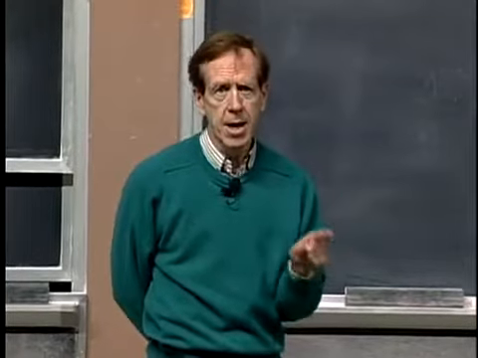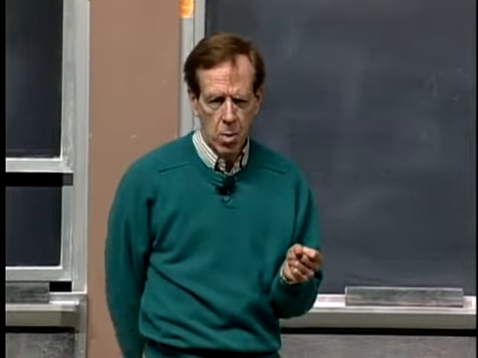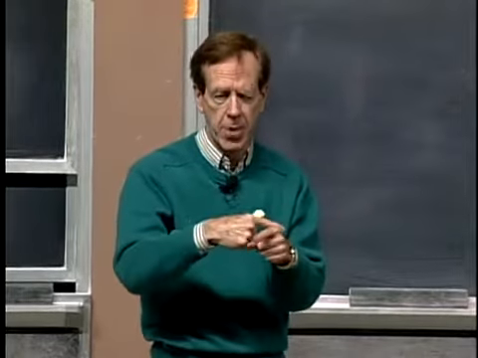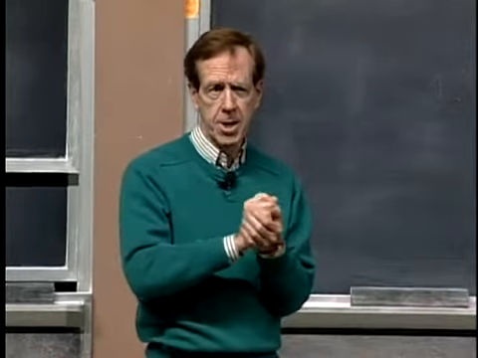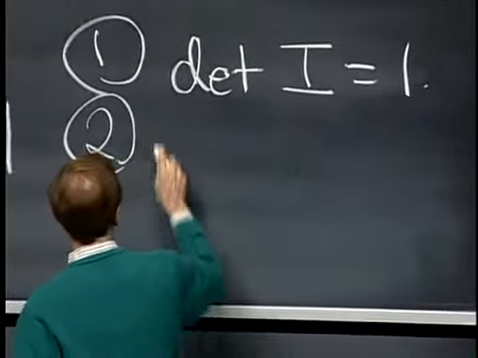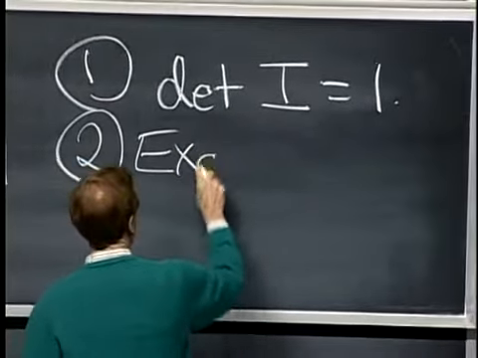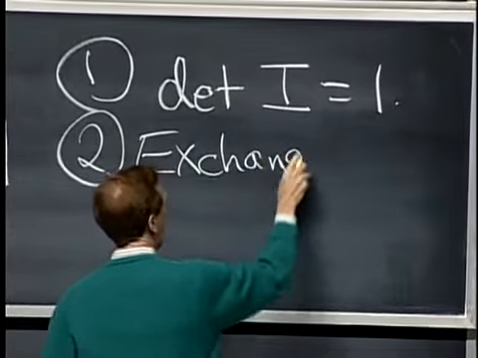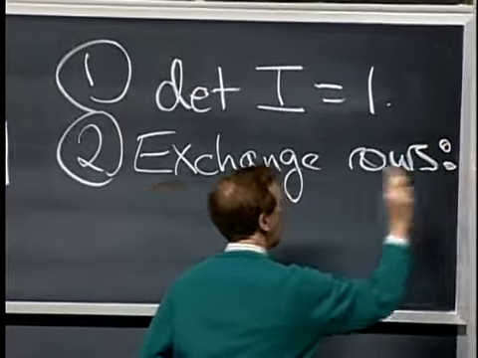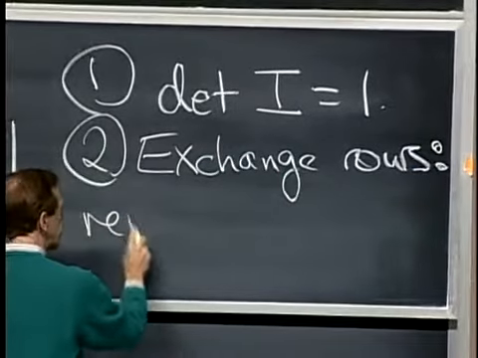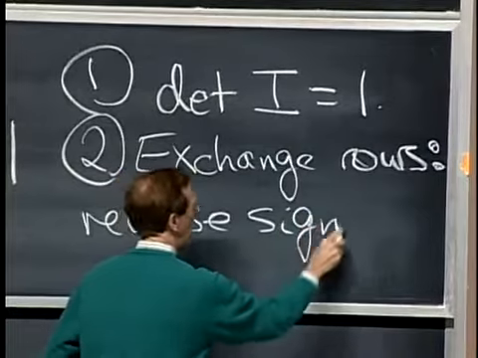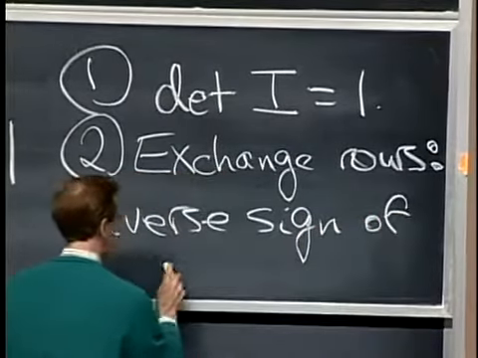Now, the second property is, what happens if you exchange 2 rows of a matrix? What happens to the determinant? So property 2 is: exchange rows, reverse the sign of the determinant.